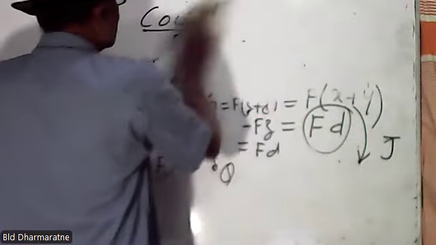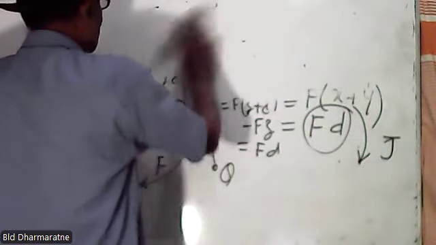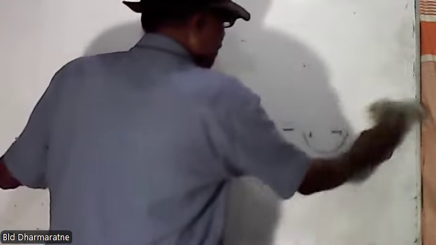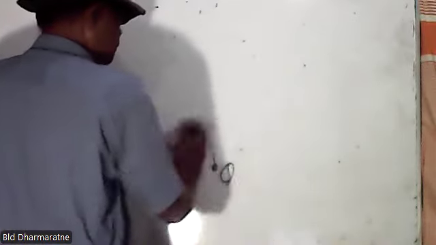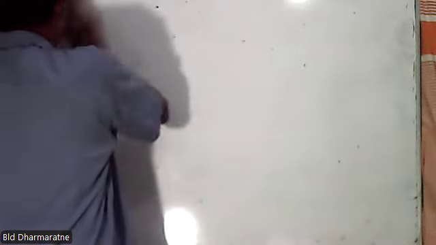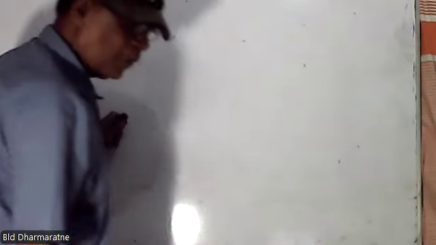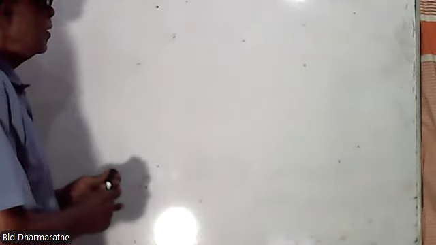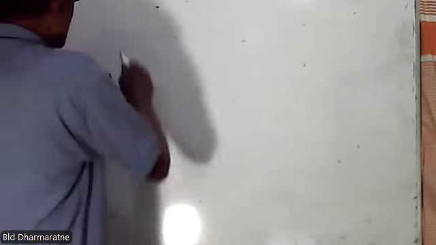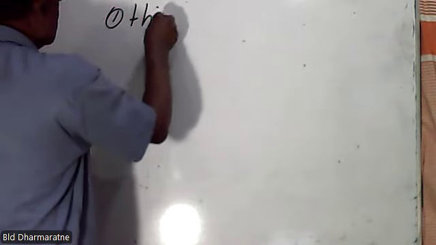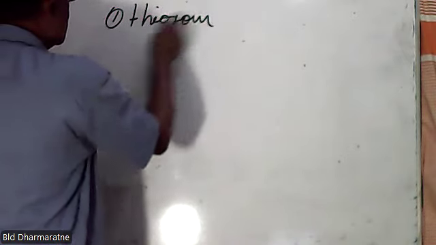Related to the couple, there are mainly two theorems, very important for coplanar forces. Questions are often given from them. This is theorem number one. What is theorem number one?